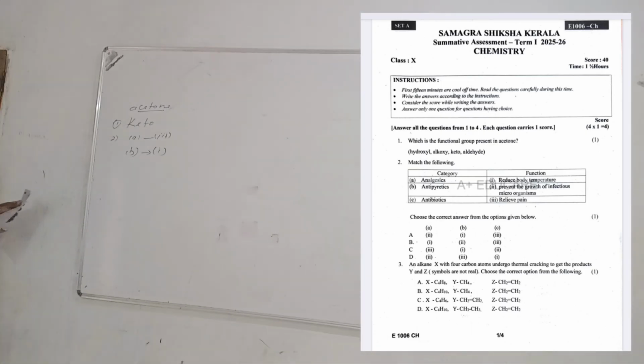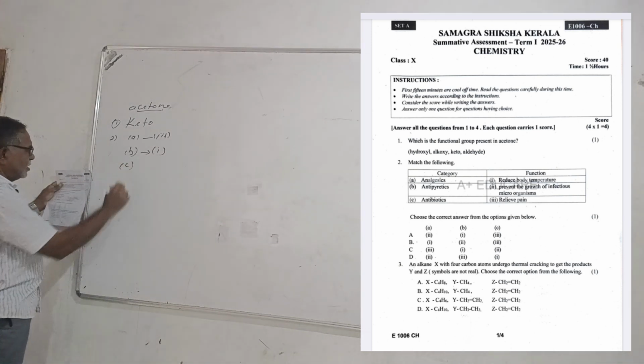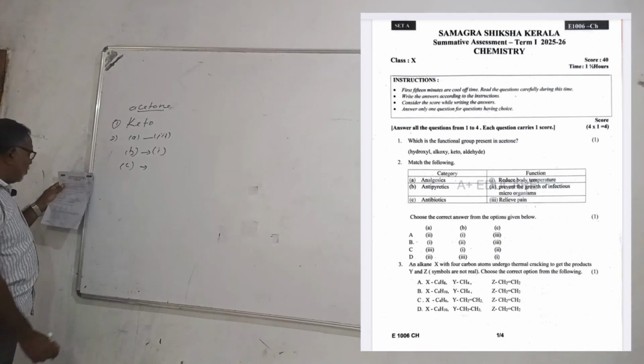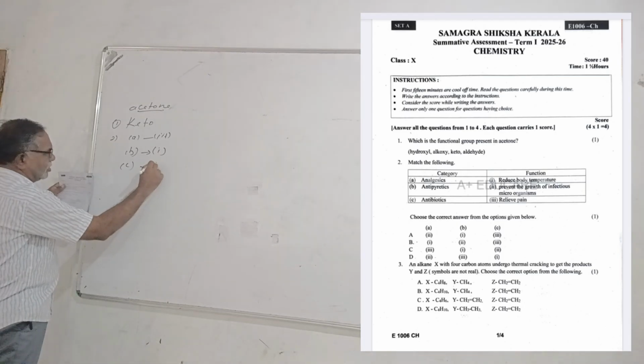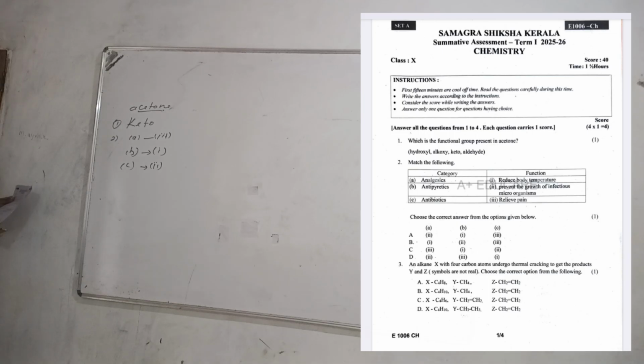Antibiotics are used to prevent the growth of infections or microorganisms, so C is the second. So A third, B first, and C second. That is the answer.